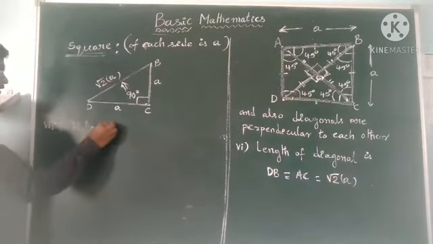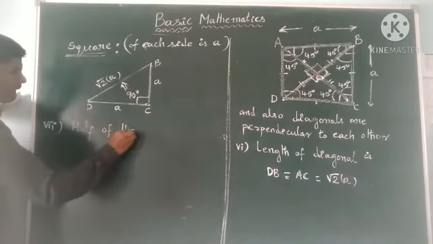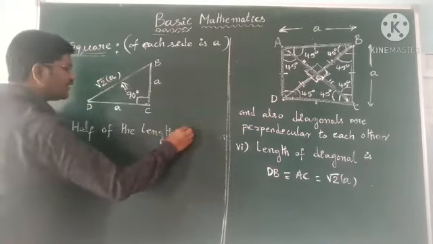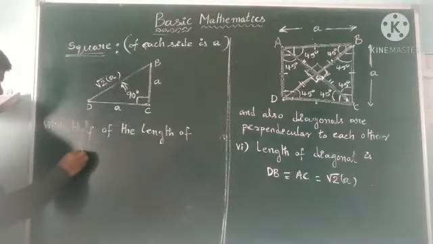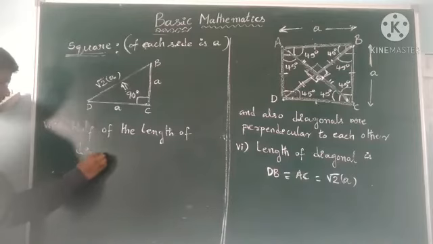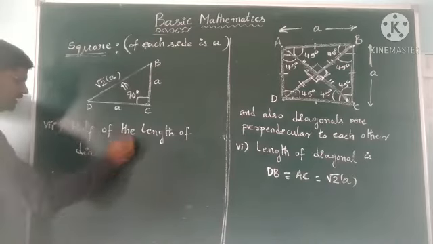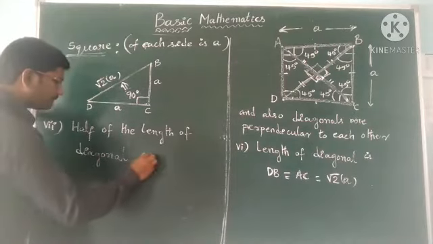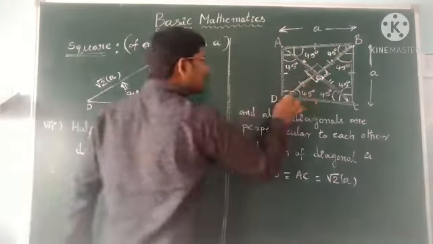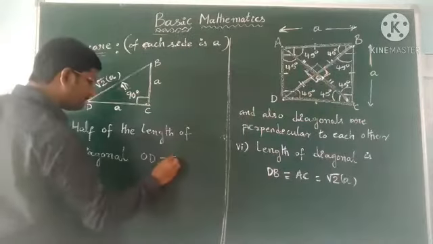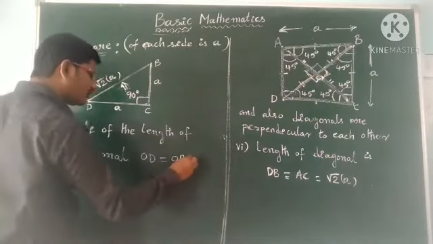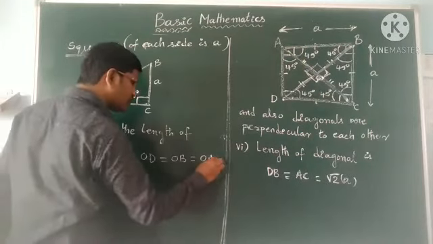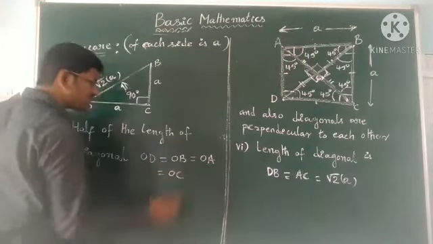So half of the length of the diagonal, that is either OD or OB, or that is OA or OC.